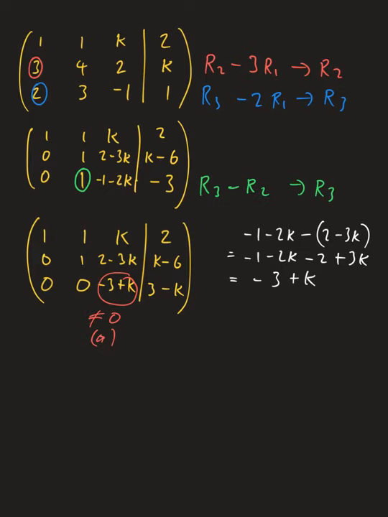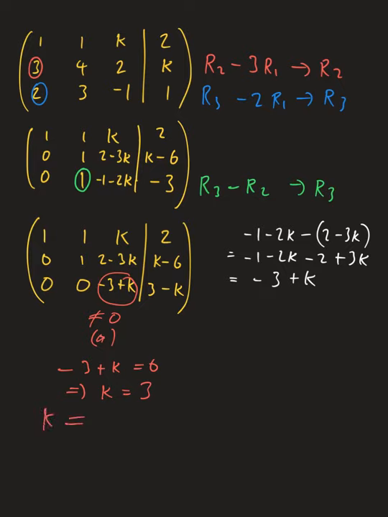So let's write that down. Minus 3 plus k is not equal to 0. Well, let's find for what values is minus 3 plus k equal to 0. That implies that k is equal to 3. So for k equal to 3, that's 0. You'll notice also that if k equals 3, that's 0 on the right there too.